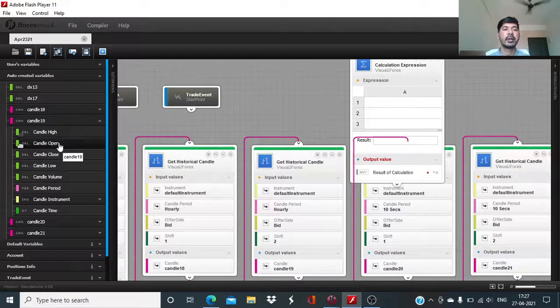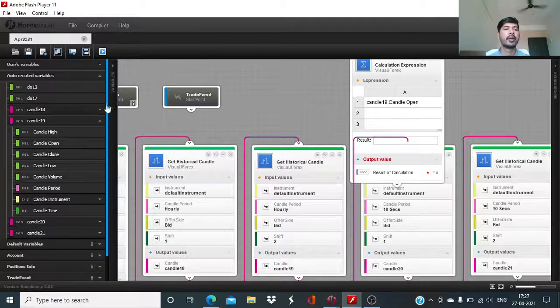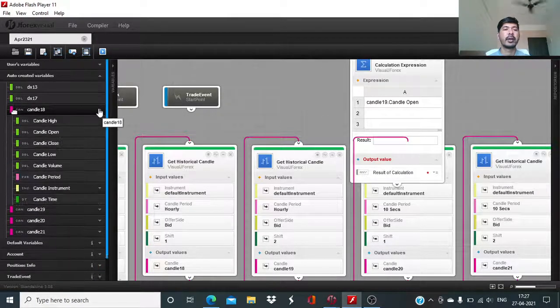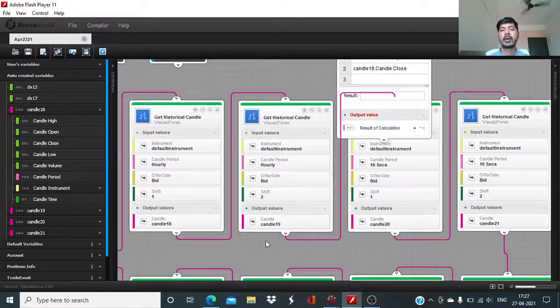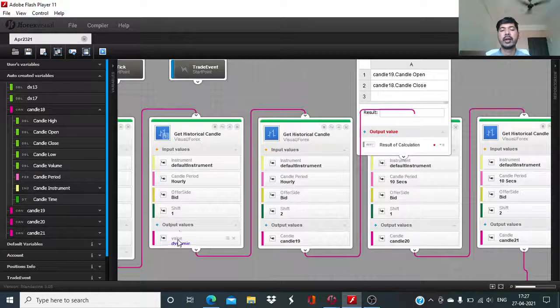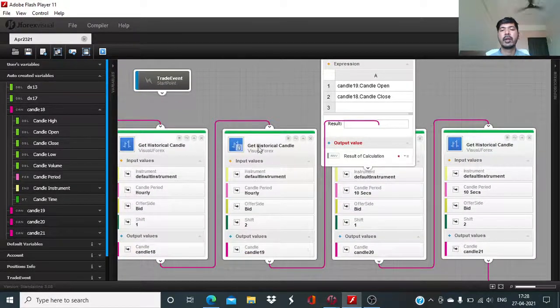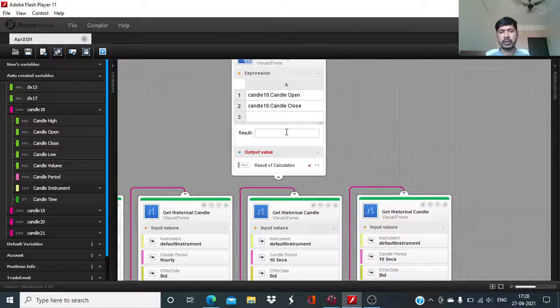And in this case we are going to need candle 19's candle open and candle 18's candle close. Candle 19 has a look back period of 2 and candle 18 has 1. That means candle 18 is last hour's candle and the penultimate is candle 19. And this calculation is going to be A1 minus A2.